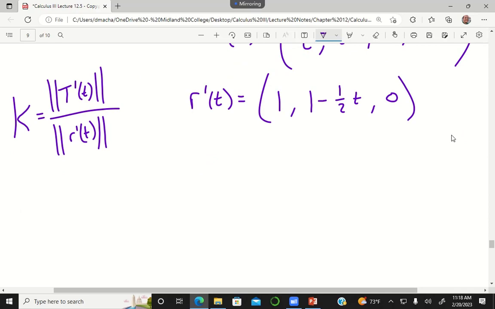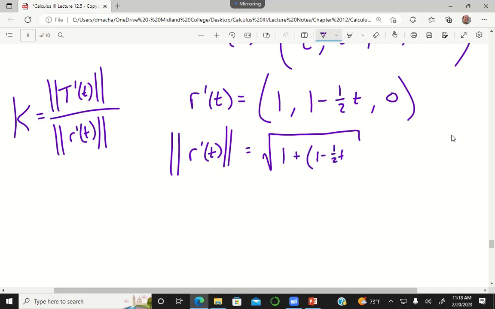And so this norm is going to be the square root of 1 squared plus 1 minus 1/2 t all squared. So that's the square root of 1 plus 1 minus t plus 1/4 t squared.